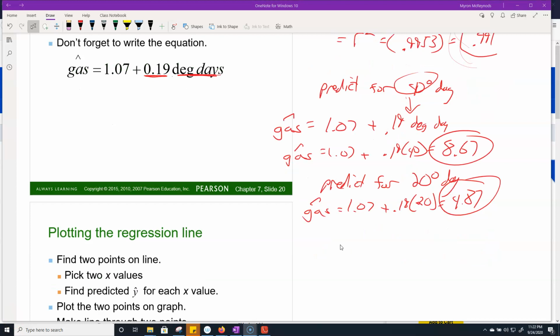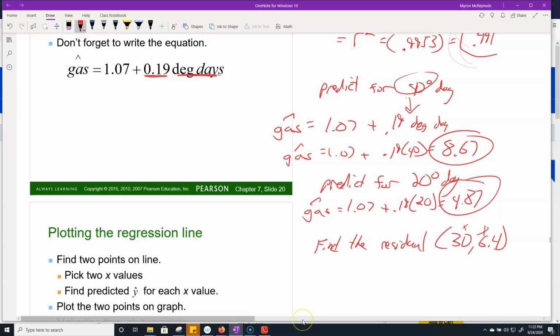All right. And so the next part on your outline says find and interpret the residual. Find the residual for this point. So they give you a point. They say they measured it, and at 30 they got 6.4. So that's our x and y. So for 30 degrees, they're saying they got 6.4 when they did it. Let's plug it into this equation and see what the difference is, right?